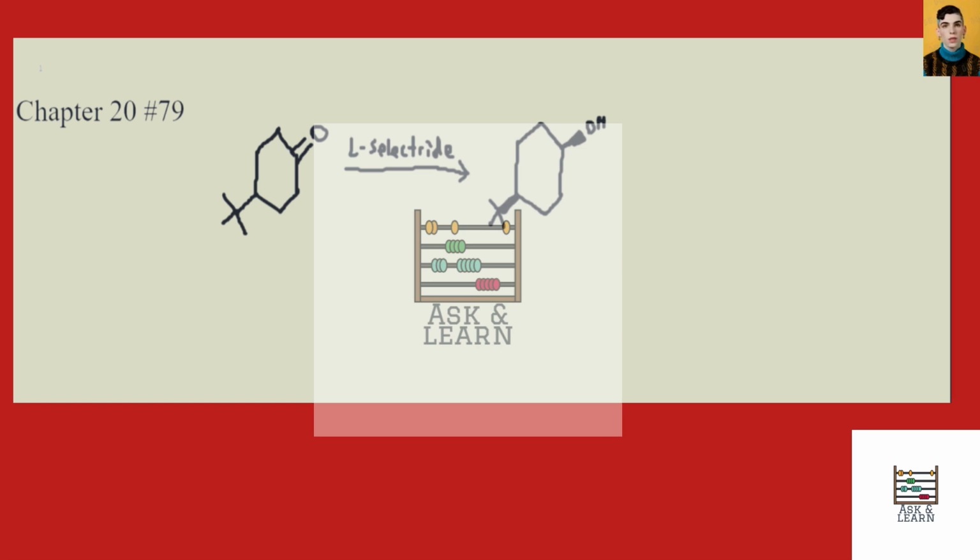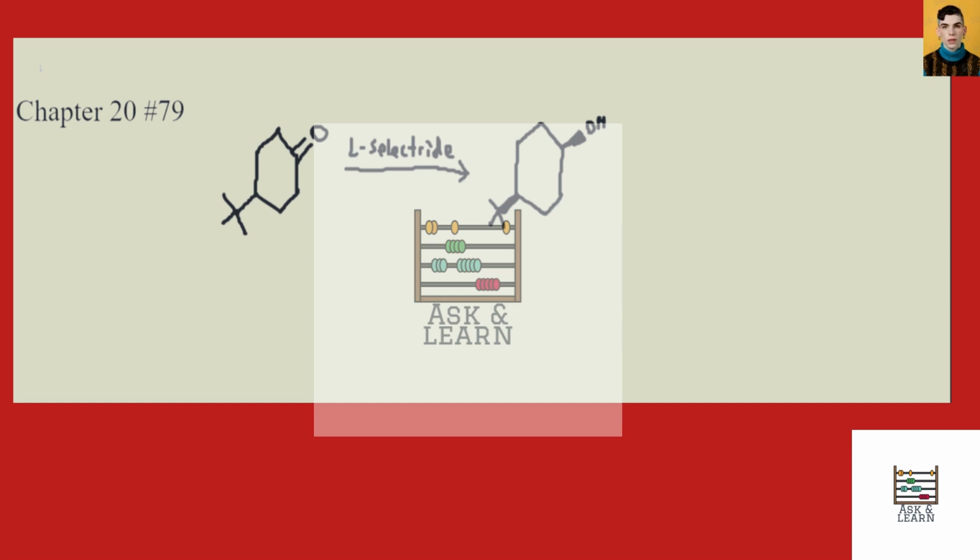Okay, and so some things that we need to keep in mind. L-selectride is basically a lot like sodium borohydride. So it's lithium tri-sec-butylborohydride. So it's a central boron with a hydrogen on it, and then 3 sec-butyl groups.